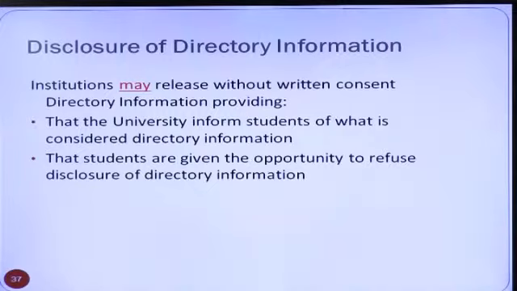They might have different things. Also, we need to make sure that students are given the opportunity to refuse the disclosure of directory information, and we do that. They are able to do that through our office, and we'll talk about that in a minute. We let them know at the beginning of each school year the process for that. We send out a message on the Student Message Center on the Campus Information Services. As long as we do these two things, we are able to release directory information without written consent.